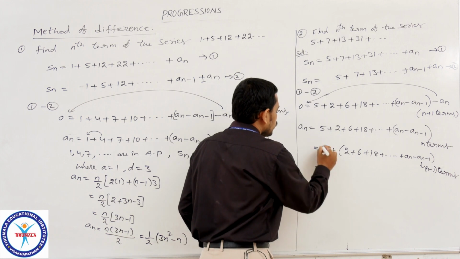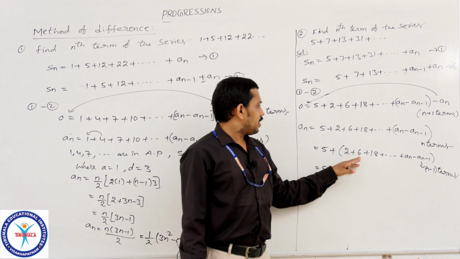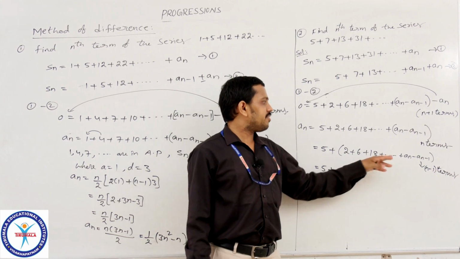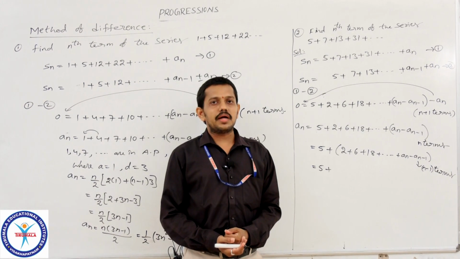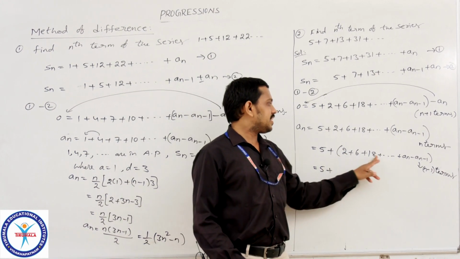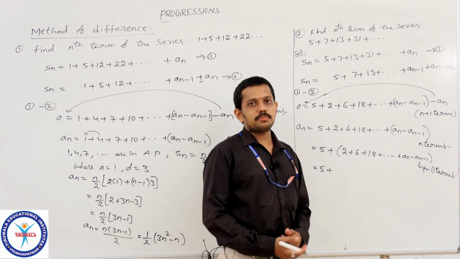Now, 5 plus, when we observe this sequence, the ratio of any two consecutive terms is constant. It means that this is in GP. So, in GP we know the sum to n terms formula.